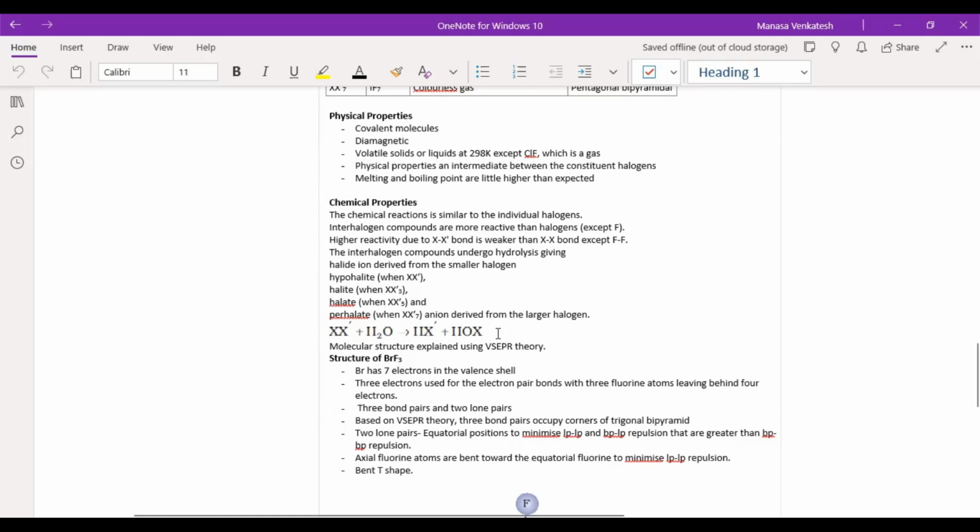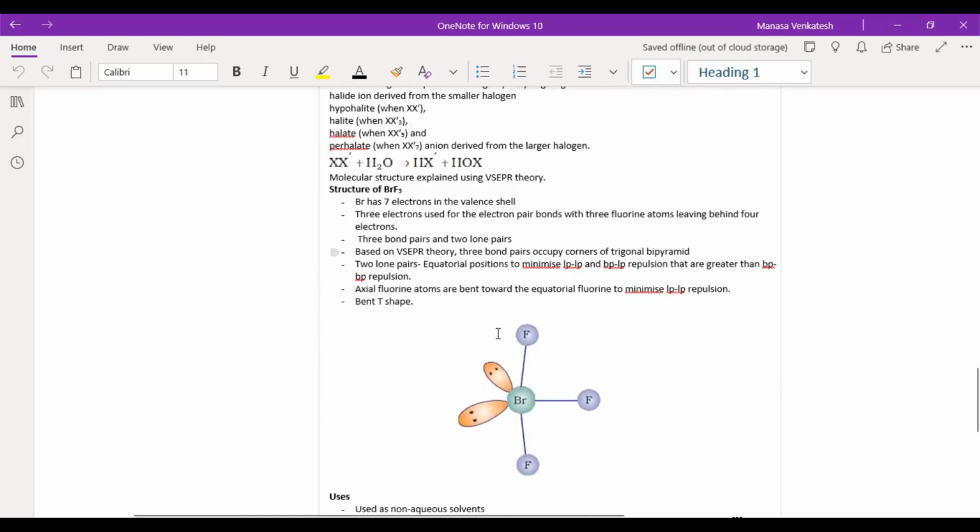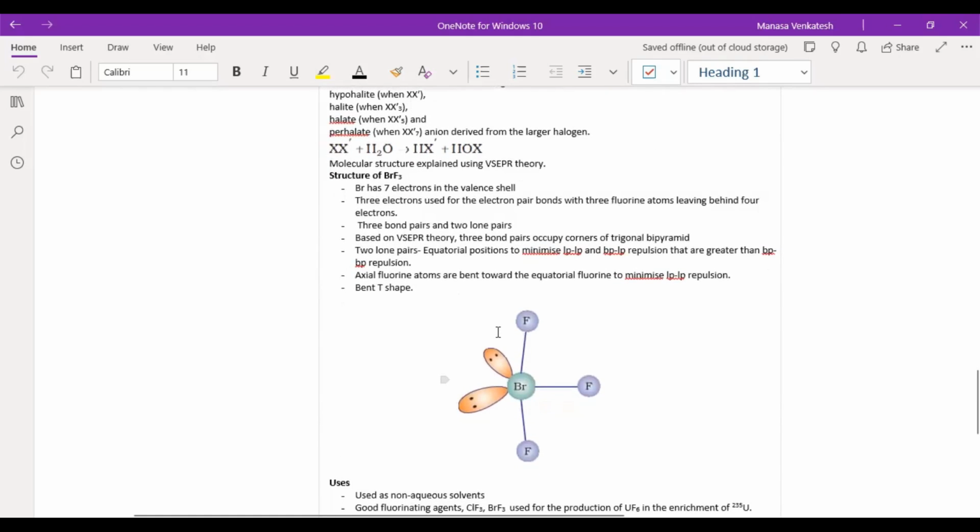The molecular structure of these interhalogens can be told with respect to the VSEPR theory. Here you have bromine trifluoride. Now, bromine has 7 electrons in the valence shell. 3 of them are being used for bonding, and you have 4 more left as lone pairs. So they have 2 lone pairs of electrons.